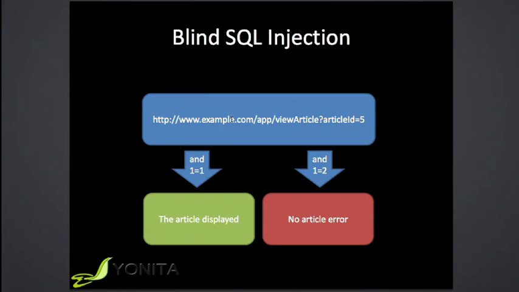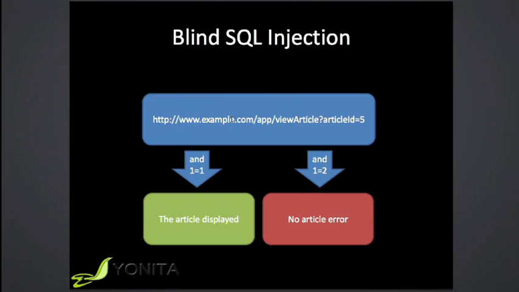What about blind SQL injection? In blind SQL injection, we have a URL which returns only two states. The article is displayed or not. No article error is provided to the user. When we append an always true condition, we can check that the article is displayed. When we prepend an always false condition, no article error is provided.